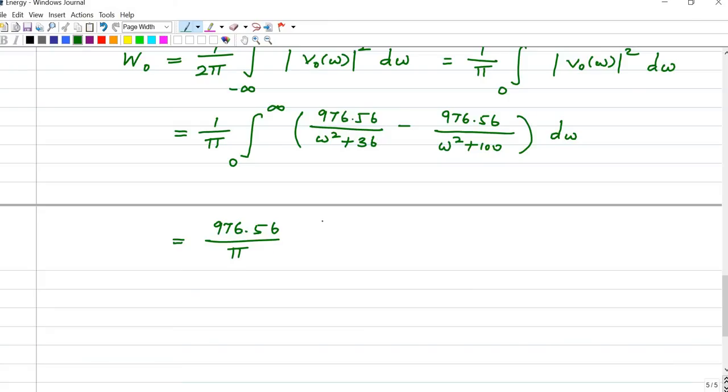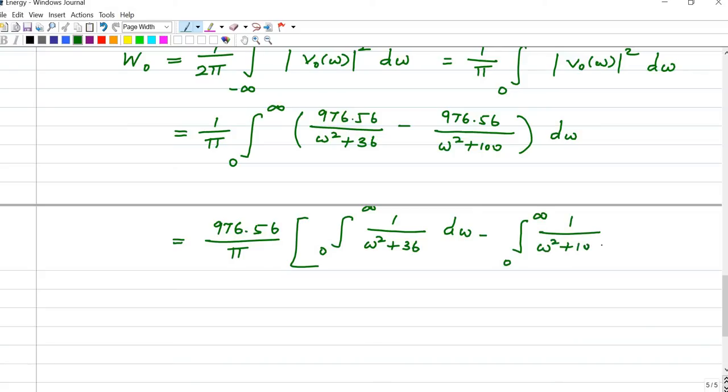So you have integral 0 to infinity 1 over omega square plus 36 d omega minus integral 0 to infinity 1 over omega square plus 100. So 976.56 divided by pi.